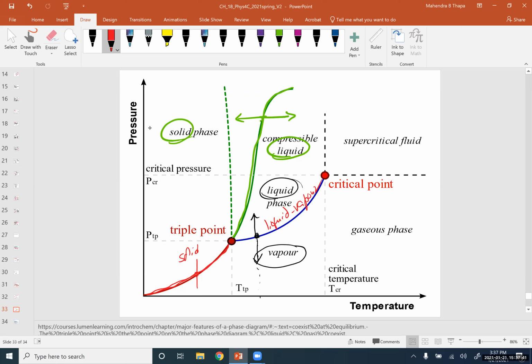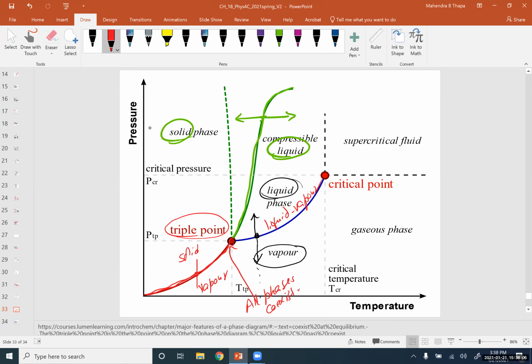If you decrease the pressure, it will be in the vapor phase. So if all these lines meet at a particular point where all phases coexist, it is called the triple point. So at this point, all phases coexist.